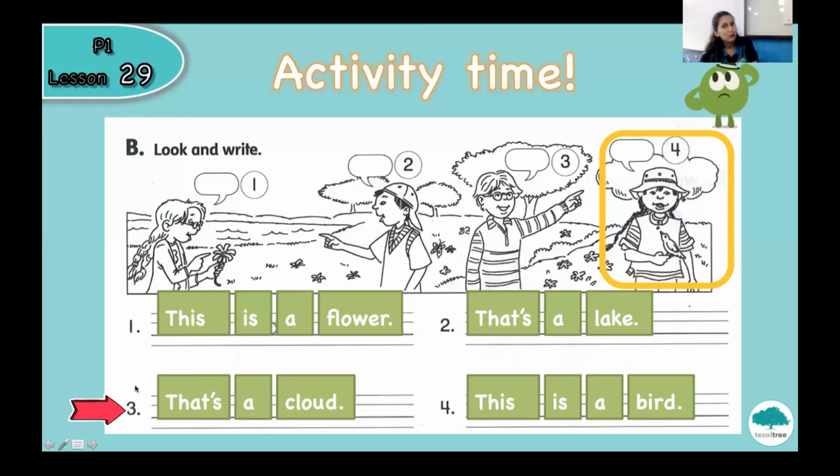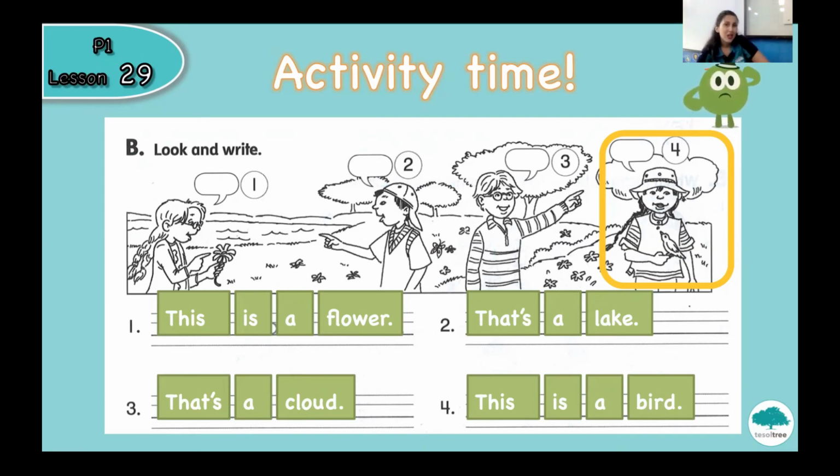That's a cloud. Repeat, please. That's a cloud. And our last sentence, number 4. This is a bird. Together, this is a bird. Wow, great job, P1. Cool.